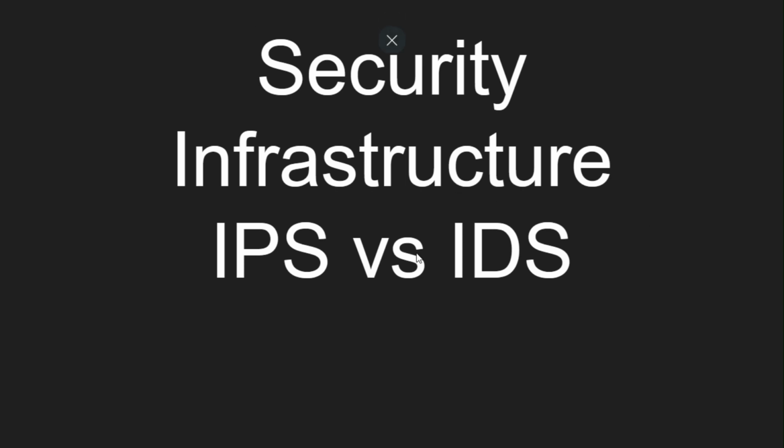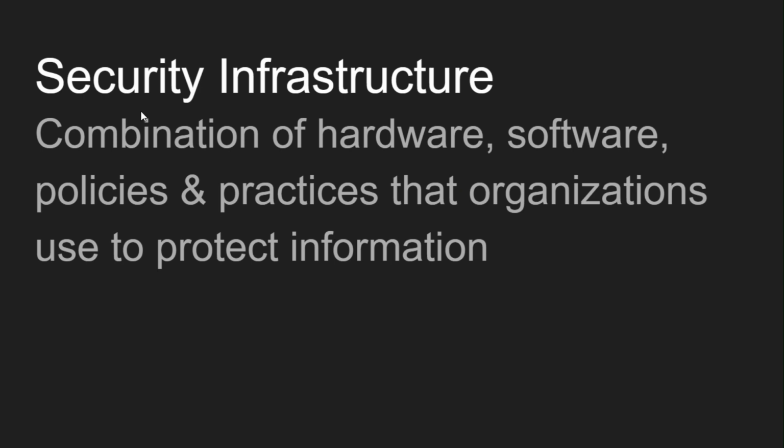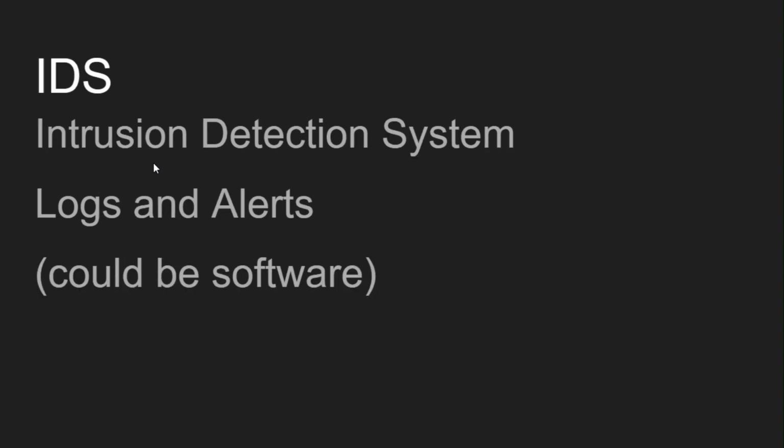Remember, we are still in the umbrella of security infrastructure. Let's get a quick review: it is the combination of hardware, software, policies, and practices that organizations use to protect information. So let's go straight to it. IDS is an acronym. What does it stand for?